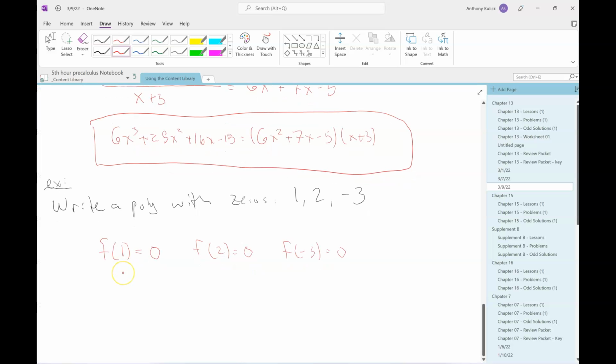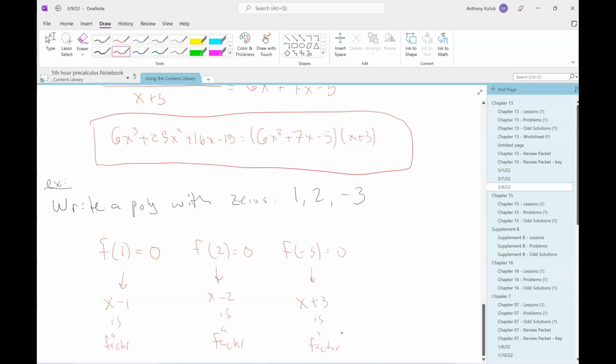From the factor theorem, I know that this means that x minus 1 is a factor. This one tells me x minus 2 is a factor. And this one says x plus 3 is a factor.